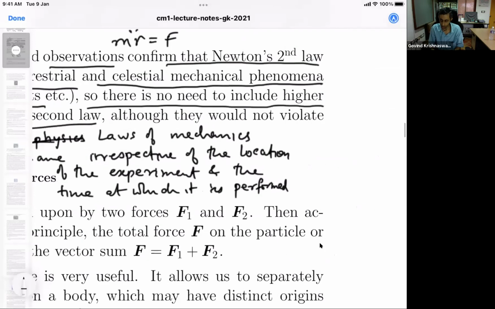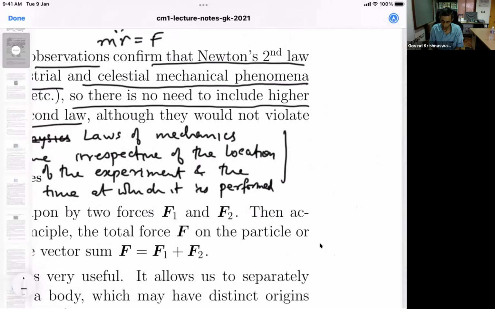So this is called homogeneity in space and time.